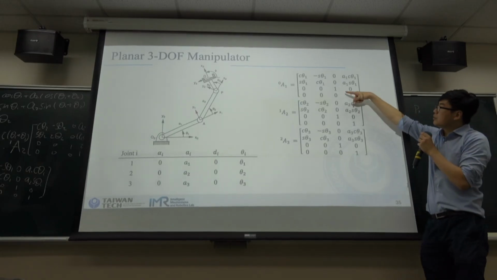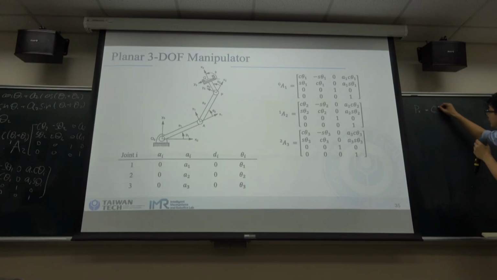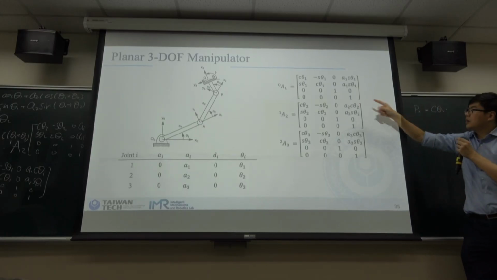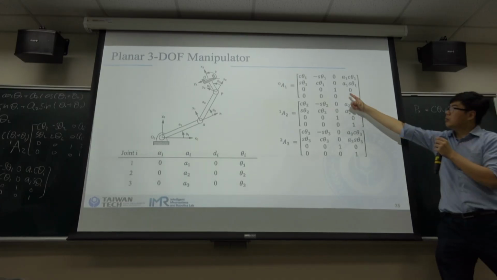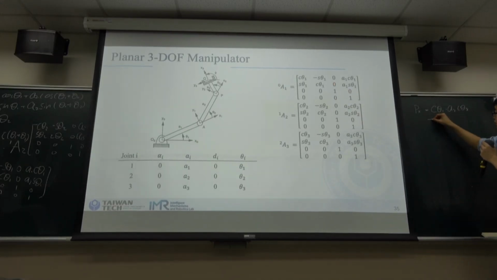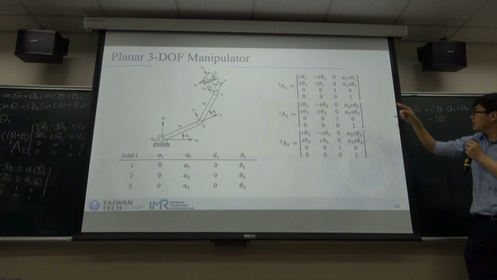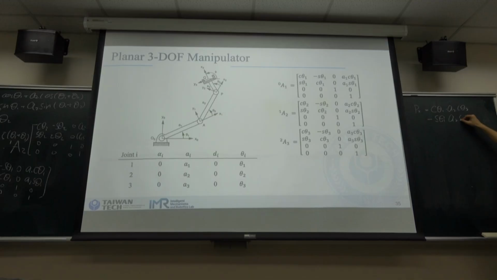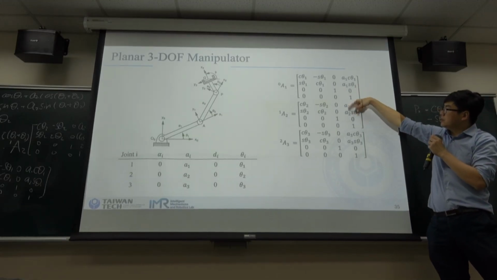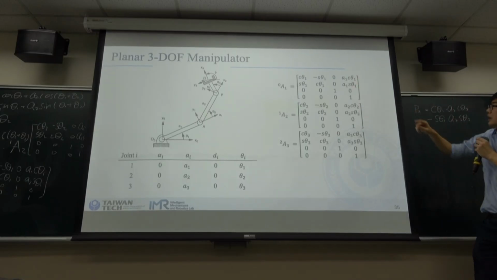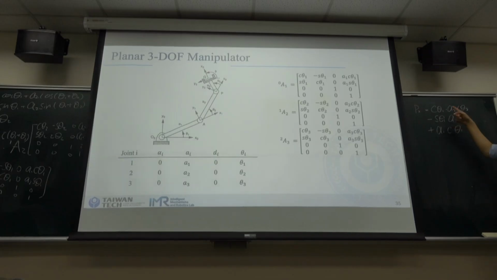Px is equal to cosine theta 1 times a2 cosine theta 2, minus sine theta 1 times a2 sine theta 2. The third is 0, and the fourth is plus a1 cosine theta 1.